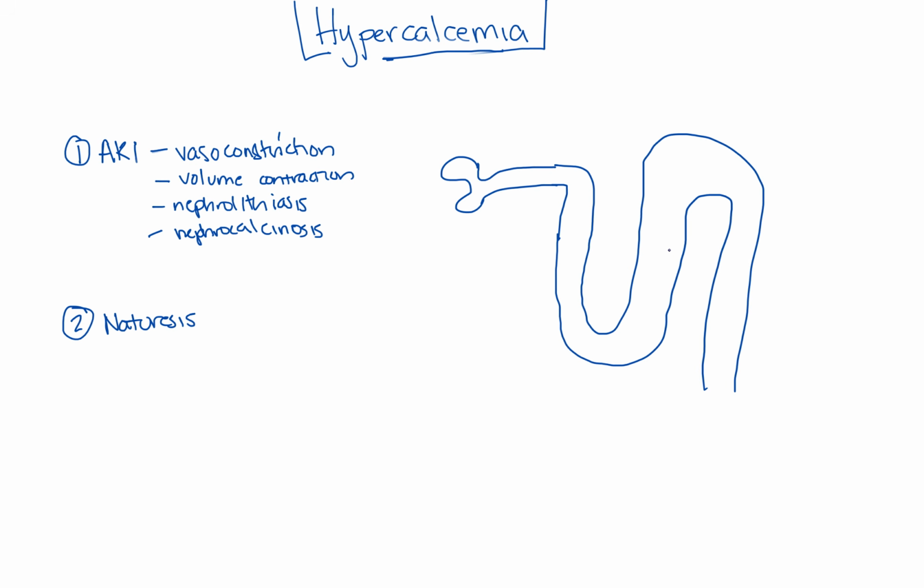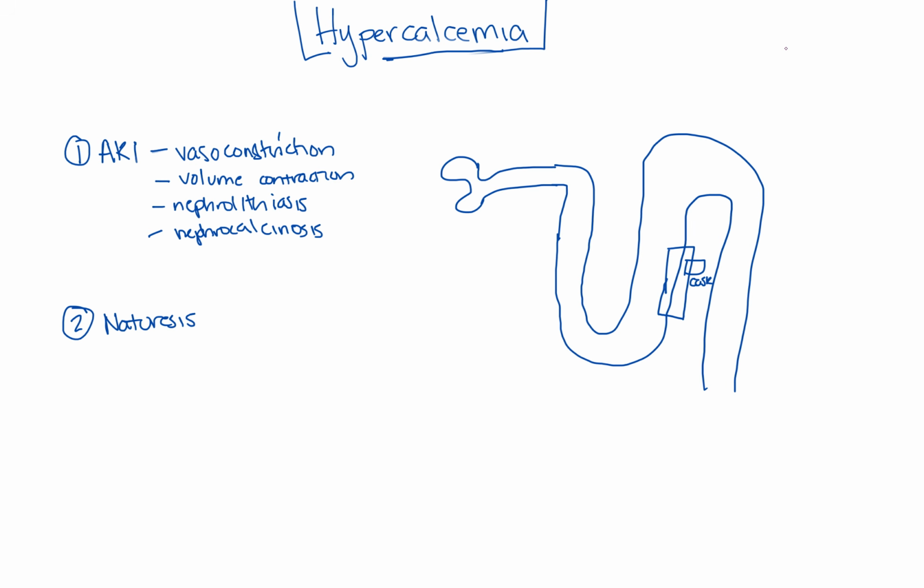We're all aware of FHH. In the ascending limb of the loop of Henle is where familial hypocalciuric hypercalcemia is usually diagnosed, in the form of mild hyperparathyroidism. We have calcium sensing receptors in this region.